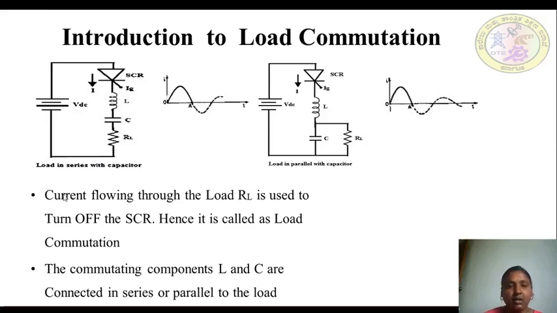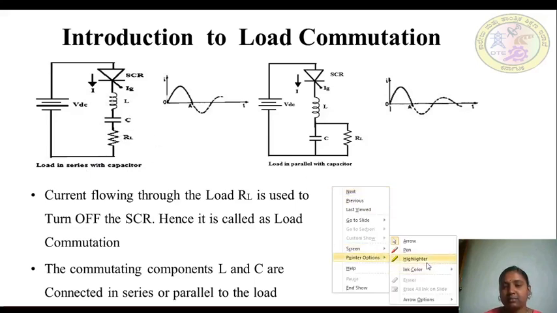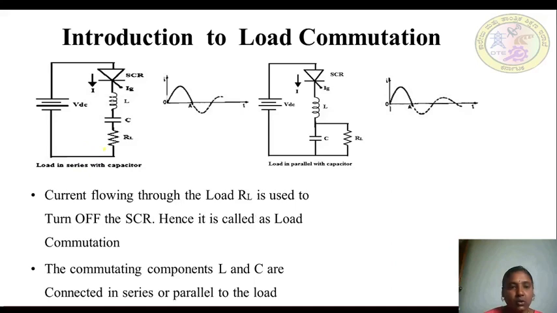The current flowing through this load is used to turn off the SCR, hence it is called load commutation. This load plays an important role in turning off the SCR. You already know that an SCR is turned off by applying a reverse voltage and making the current flow below the holding current value.